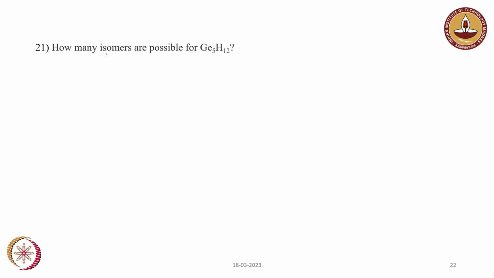The next question is how many isomers are possible for Ge5H12? So this is similar to the compound C5H12, which is pentane. So it is similar to pentane only. If we write in stick formula, it will be 5 germanium. So 1, 2, 3, 4, 5. So this one is one isomer.